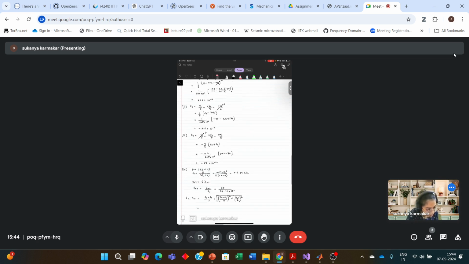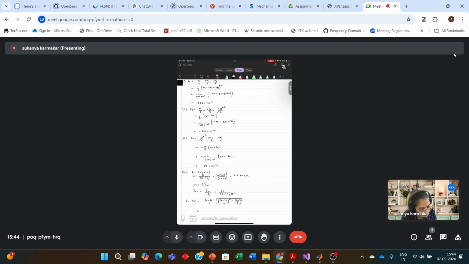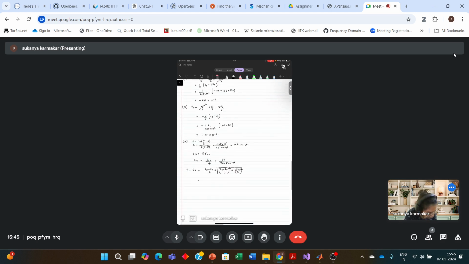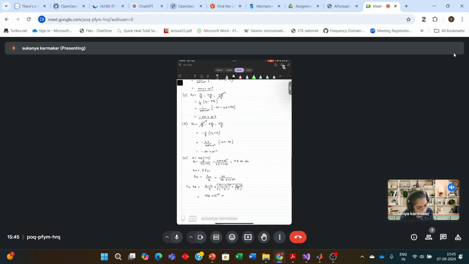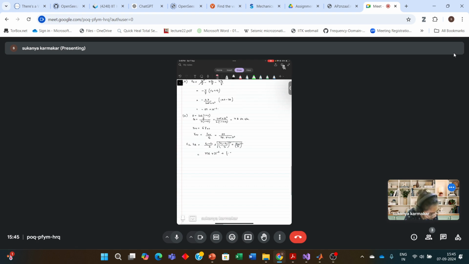Now epsilon x is 736 into 10 to the power minus 6. Epsilon y is minus 531 into 10 to the power minus 6, whole divided by 2, plus minus under root of ((736 plus 531) divided by 2) whole square.